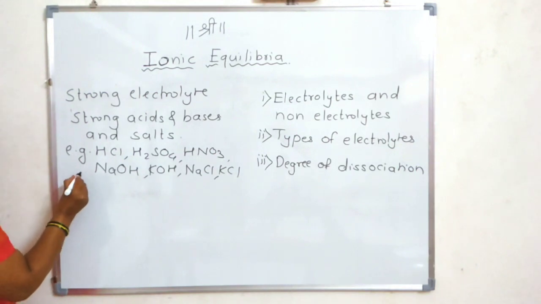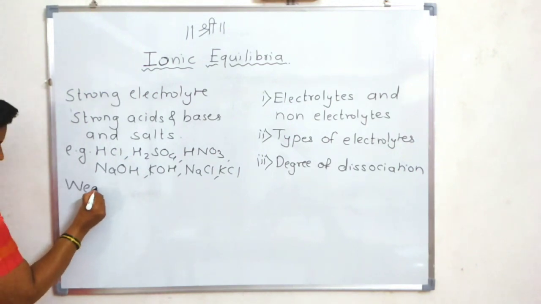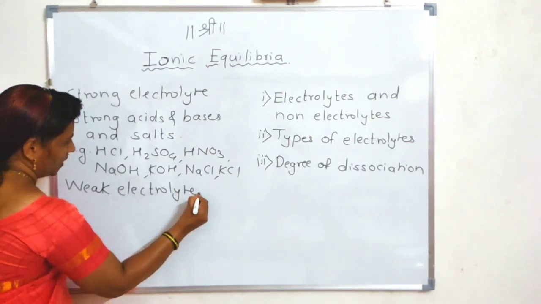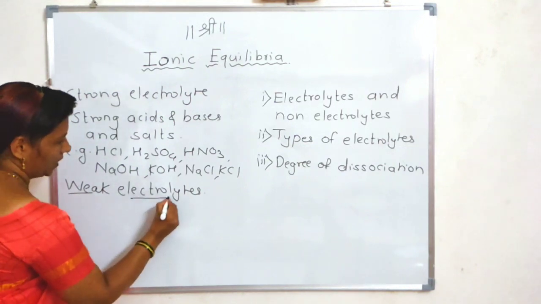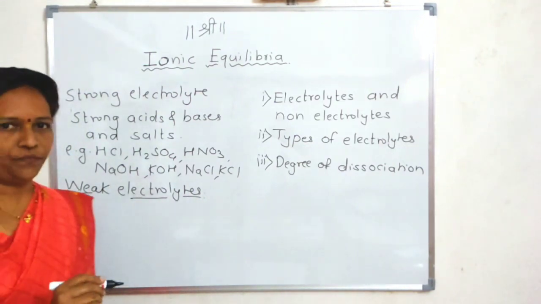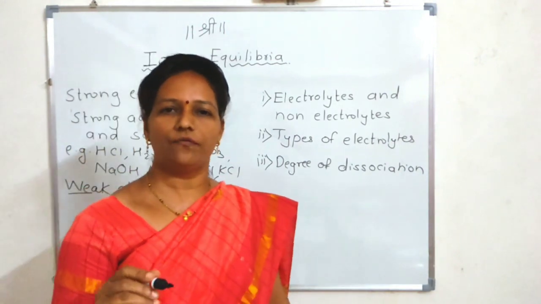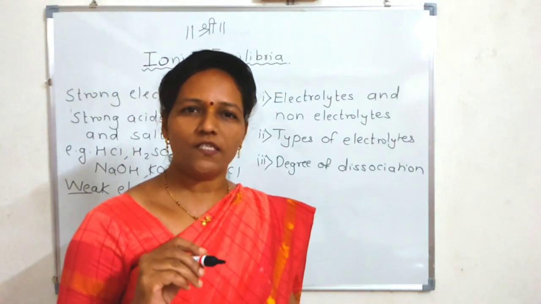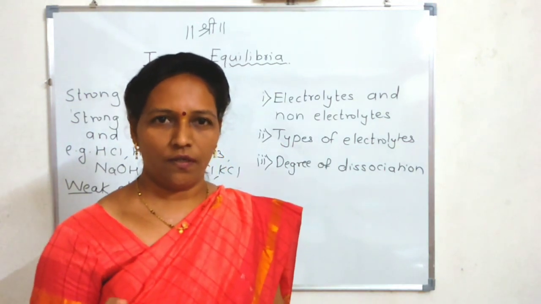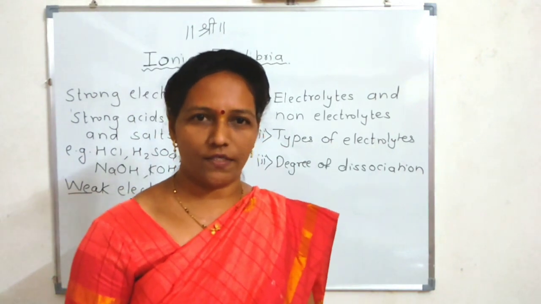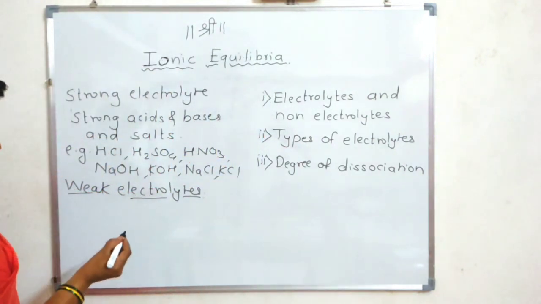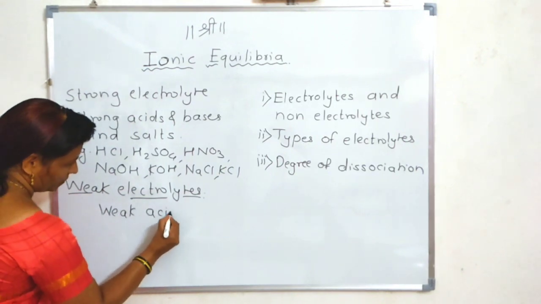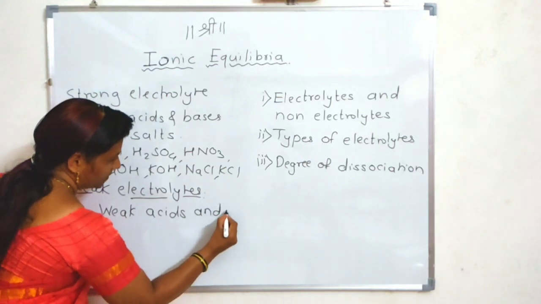Then what are weak electrolytes? Weak electrolytes are the electrolytes which dissociate partially, or to a small extent, in aqueous solution. Examples of weak electrolytes are all weak acids and bases.